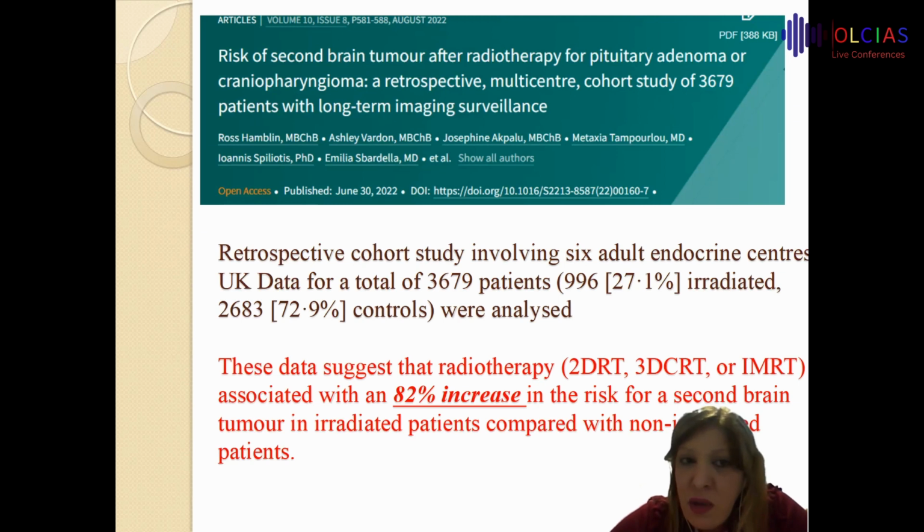So this study confirmed that radiation can induce brain tumor. Why? Because they compared 2 groups, the patients who received radiation and the patients who didn't, and this is the result. We have an 82% increase in the risk of developing a second brain tumor.